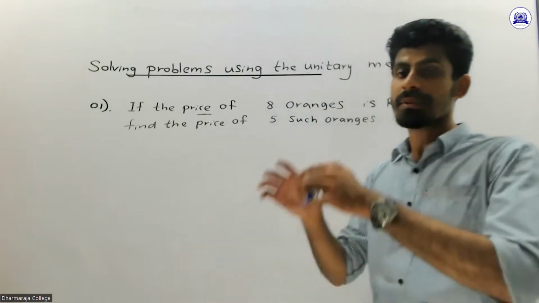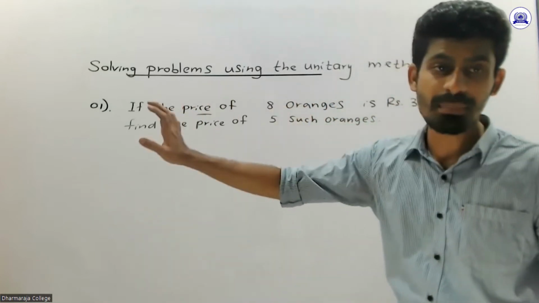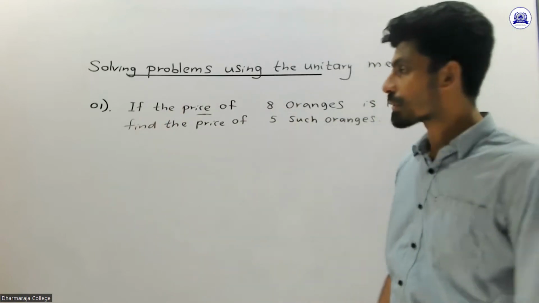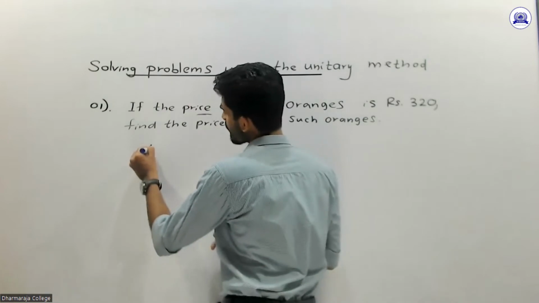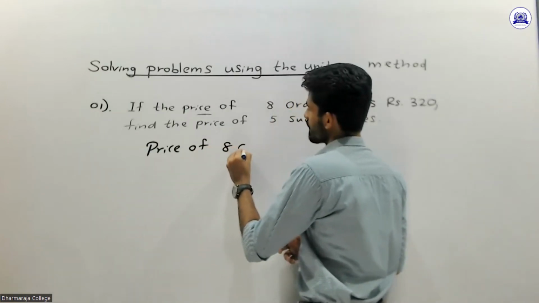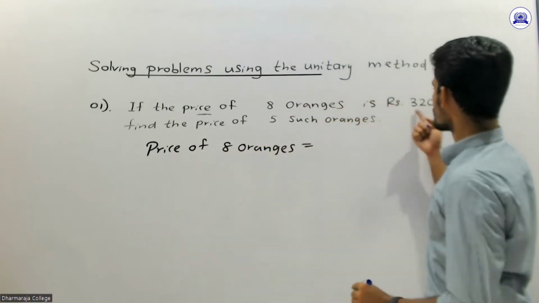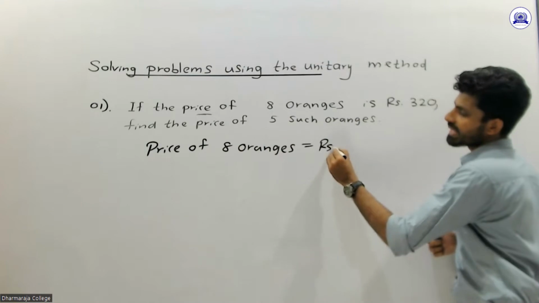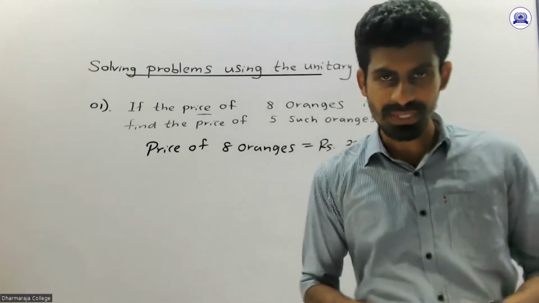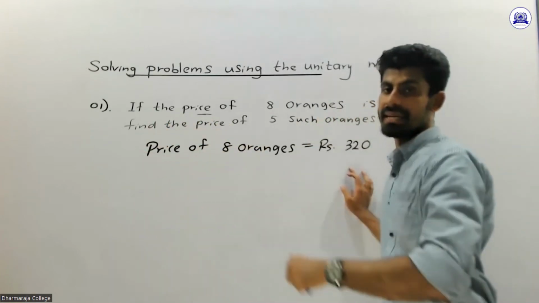Now there are 8 oranges. That means the price of 8 oranges equals 320. Very easy. So that is the price of 8 oranges.